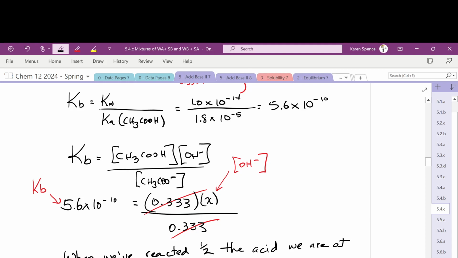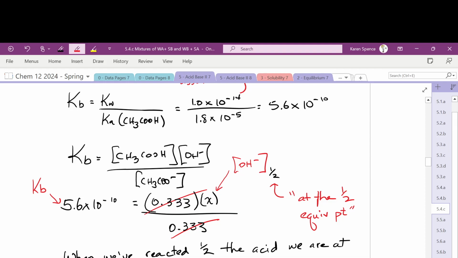We are at the half equivalence point. So we can say OH- at the half equivalence point is equal to Kb.